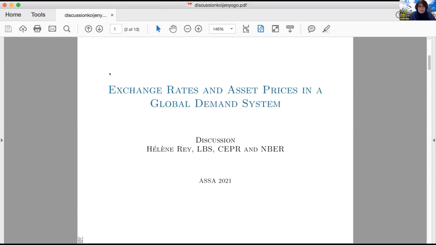Thank you very much for asking me to discuss this paper. I think it's a very important paper, both for asset pricing and our understanding of exchange rates. There has been in the literature on exchange rates overwhelming skepticism at any attempt to explain exchange rates via macroeconomic factors or even fundamentals.